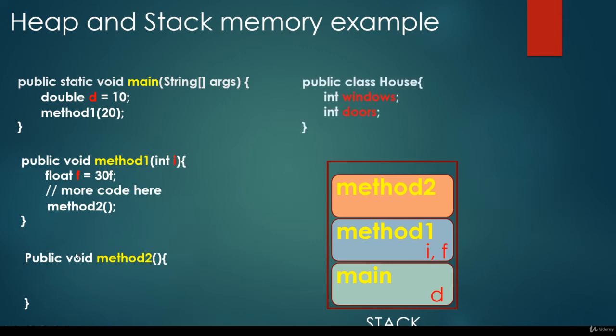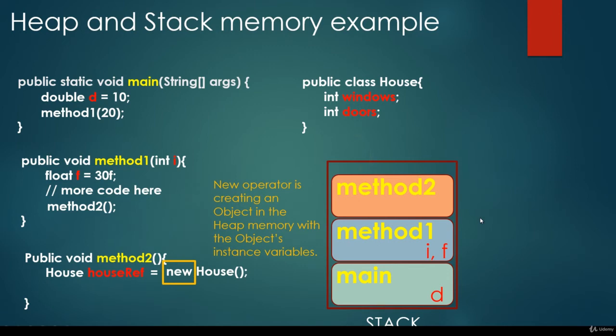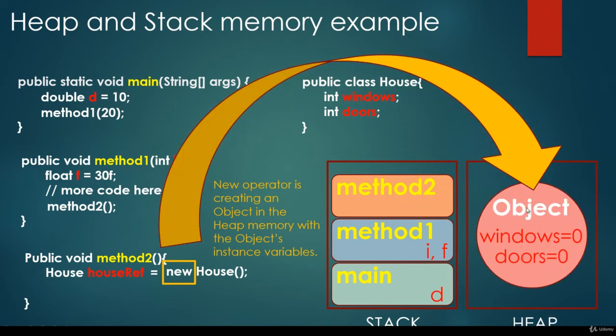And if we create a new object, for example, we have a class House with instance variables, windows and doors. If we instantiate a new object with the new keyword, then this house object is going to be stored on the heap memory. Okay, so as you can see, a new object is created on the heap memory with instance variables.